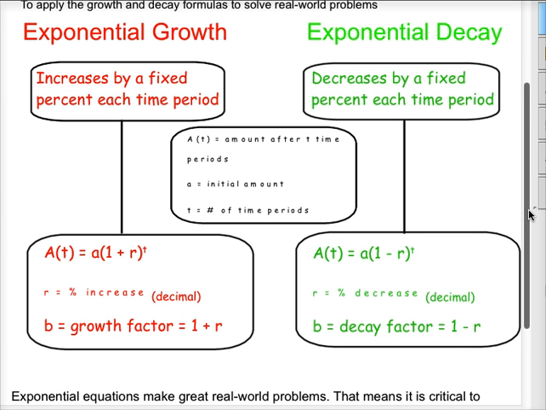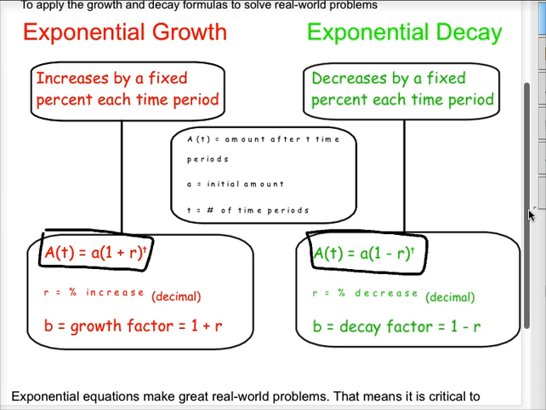So, as we're looking at these, we're going to have A of t represent the amount after t time periods. So usually, again, t years. And then notice our two equations. These are going to be the two things that you need to know for today. Now notice they're very, very similar.